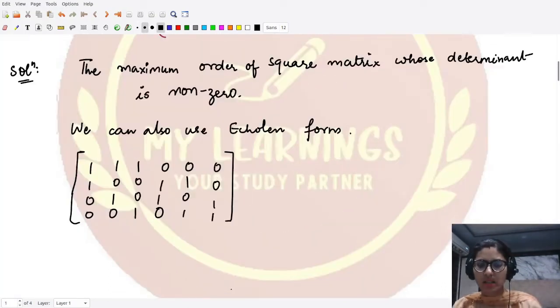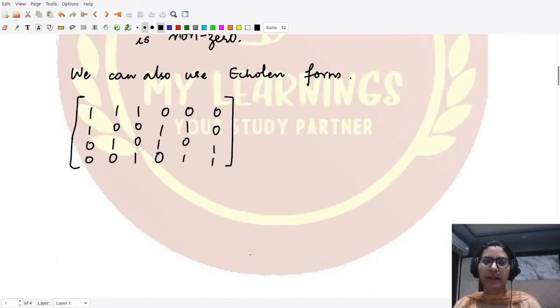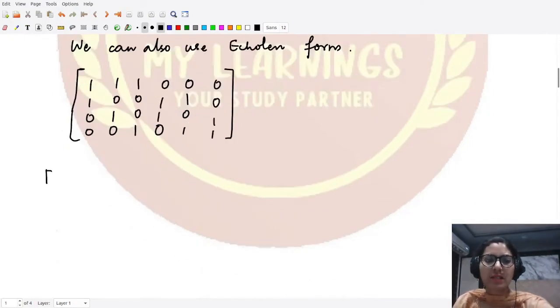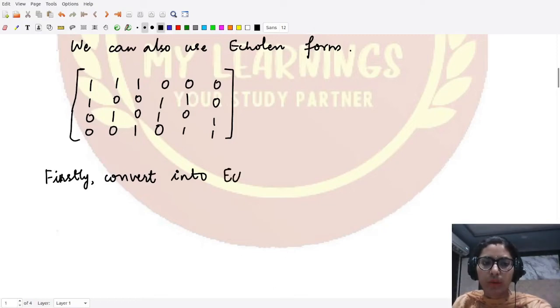Now for this matrix we want to determine its rank. So we will firstly convert this matrix into the corresponding echelon form. Now what is this echelon form?